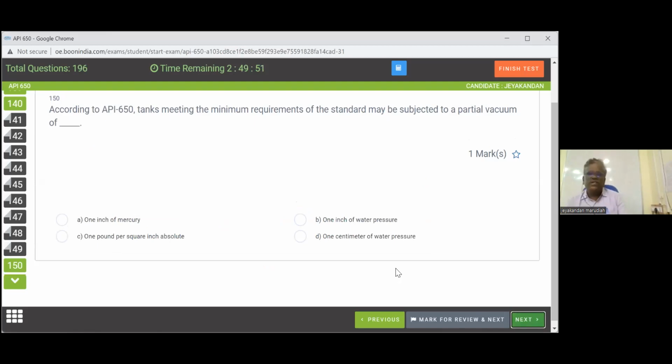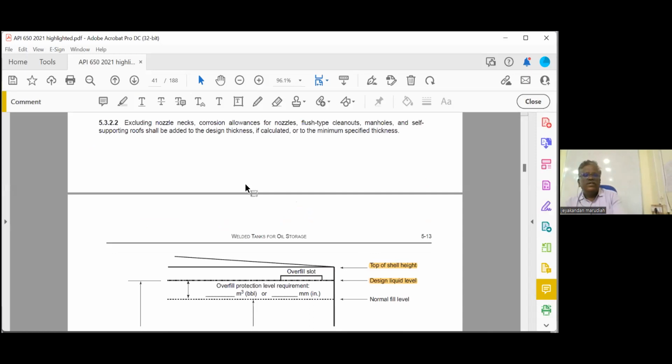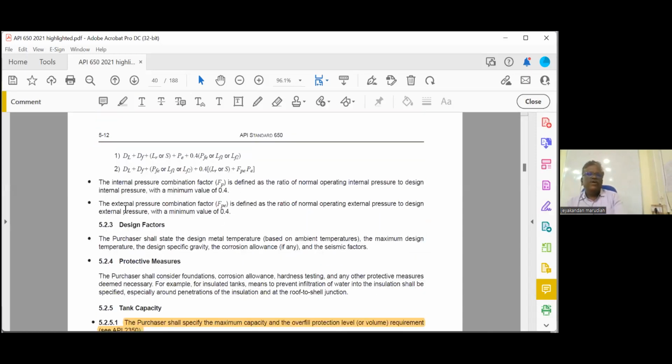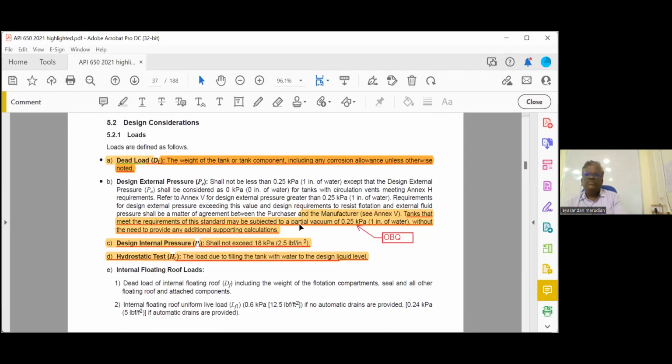It is given in the same paragraph, page number 5-9, 5.2.1B. What is the partial vacuum allowed? A partial vacuum of 1 inch of water, 0.25 kPa. So here it is 1 inch of water pressure.